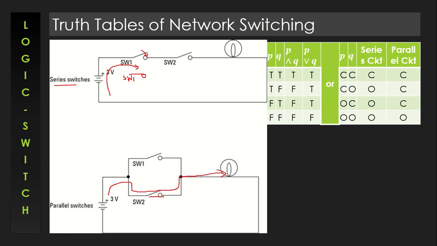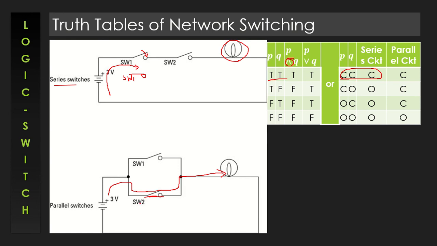This is the behavior of parallel and series switches. Again, series switches we can compare to conjunction, wherein for us to be able to light this bulb, both switches should be closed, or true.